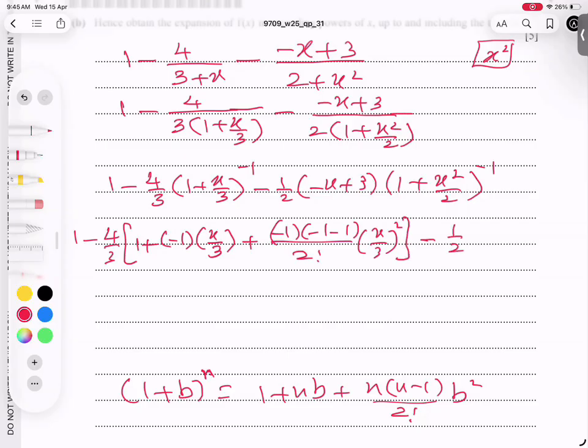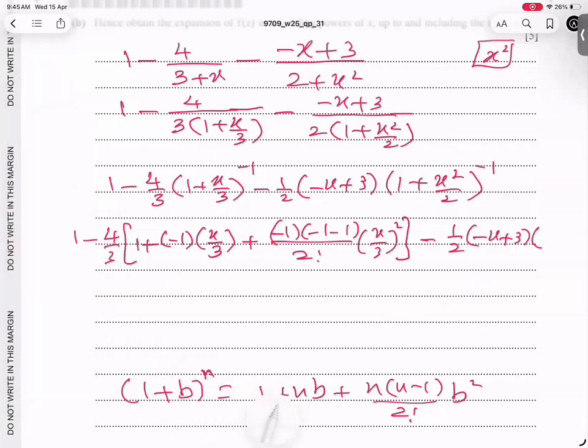What about the other part? So negative x plus 3. And here I have to expand the first two terms only because x square is already involved there. So first two terms are enough for it. So I'm going to write 1 plus nb.